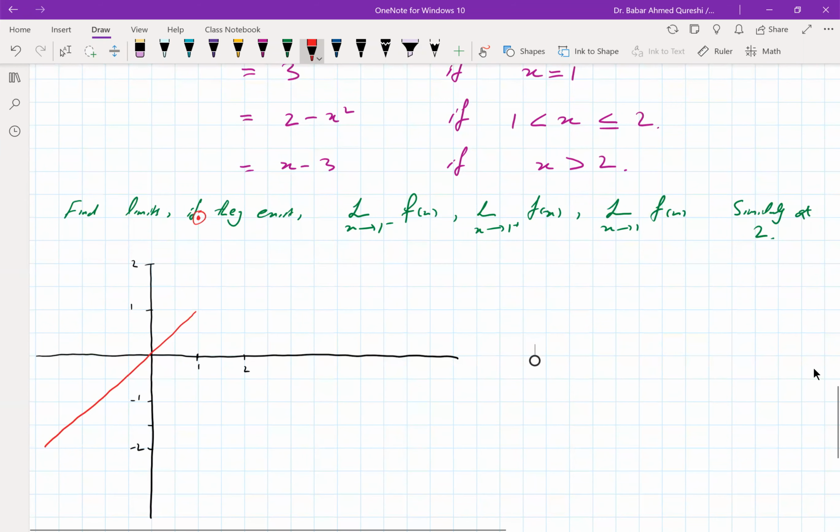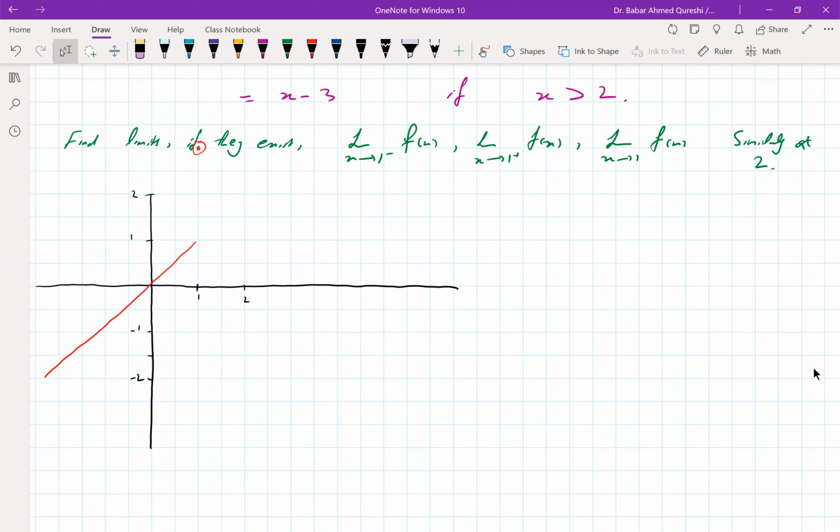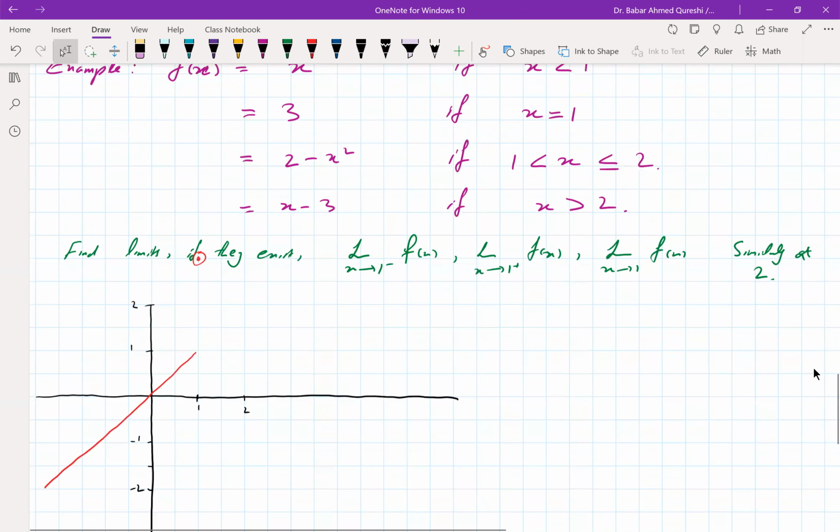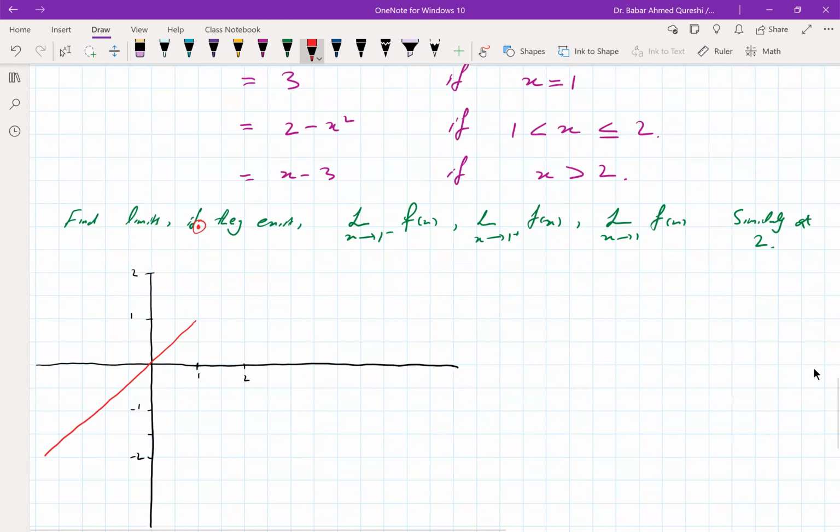And for between x equals 1 and 2, it's 2 minus x square. So it's a parabola, x square, which is inverted. So it's going downwards like that. And then it's shifted upwards by 2 points. But since it doesn't have this value, I don't have to draw this. It starts from here, because at x is equal to 1, if I put this value here, I get the answer 1.